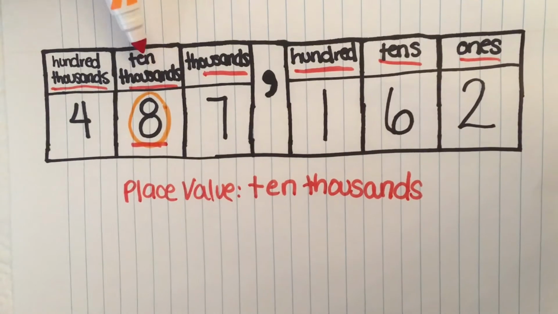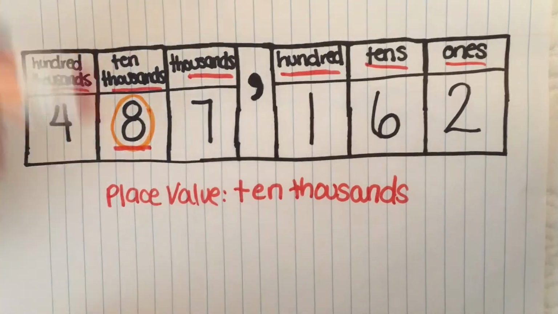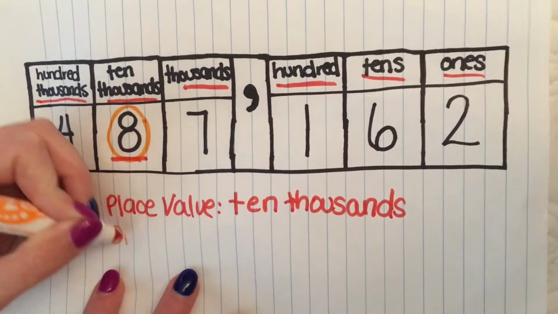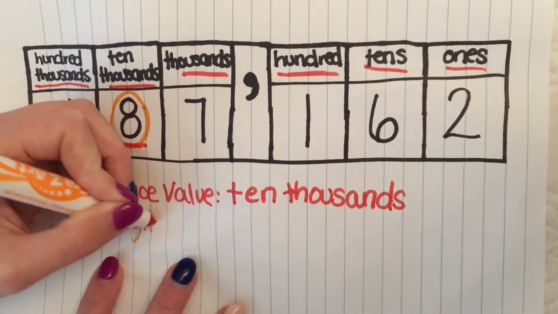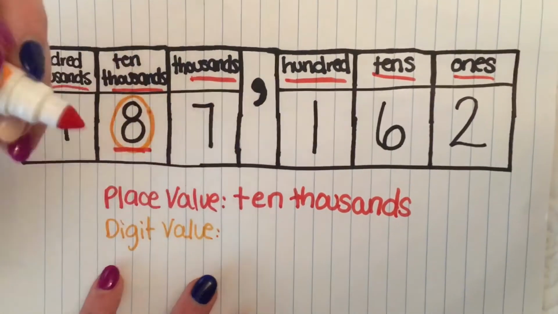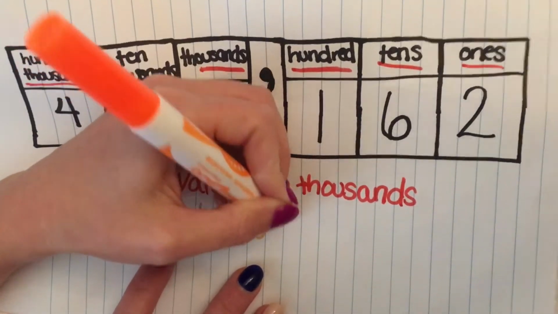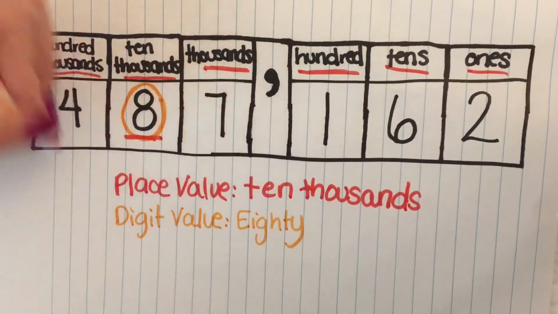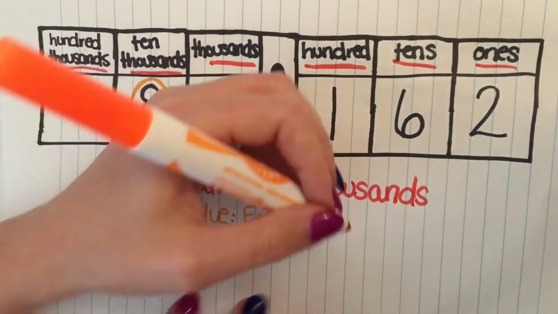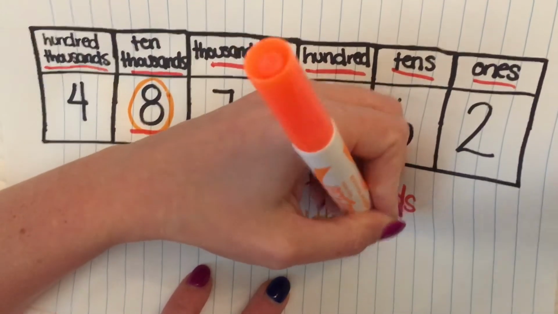Well, this is in the tens place, only in the thousands period, so it's still 80. So our digit value is 80, but it's in that thousands period, so 80,000.